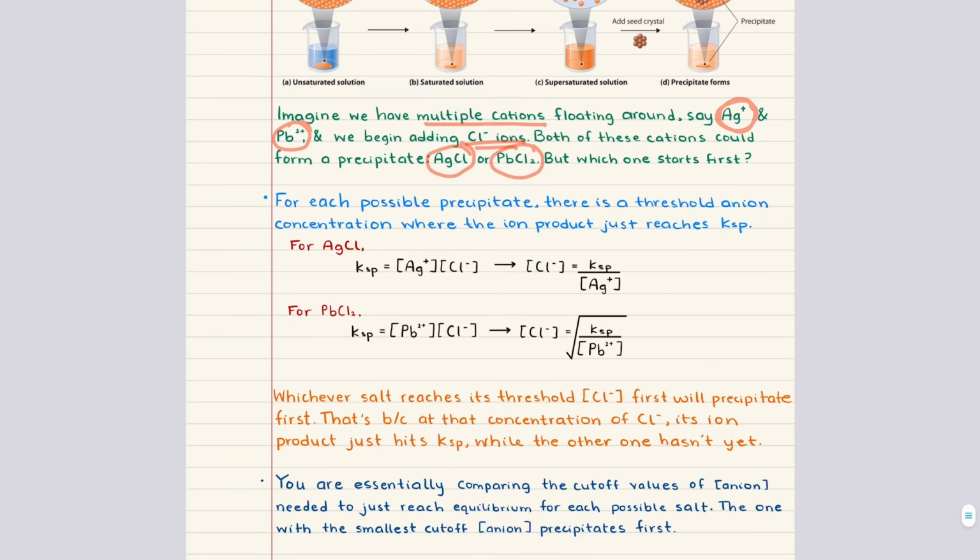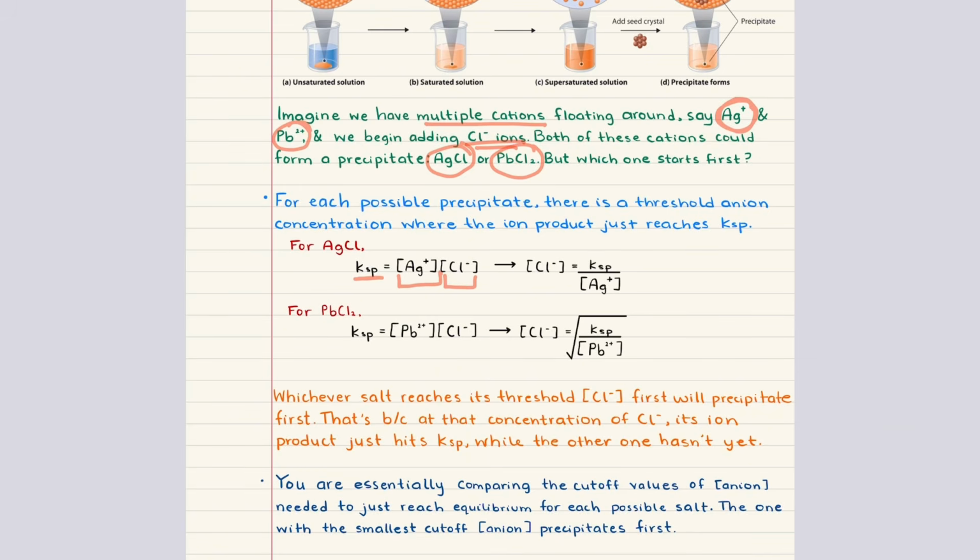The question then is which one will start to precipitate first? To answer this, we need to realize that each salt has a threshold anion concentration at which its ion product just reaches KSP. At that point, precipitation begins. For silver chloride, the KSP expression is the concentration of silver times the concentration of chloride.